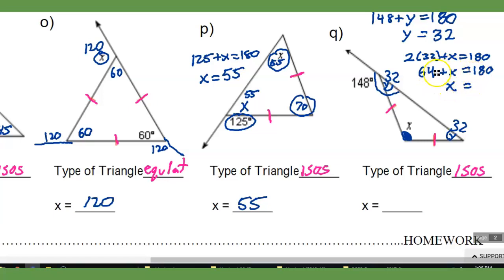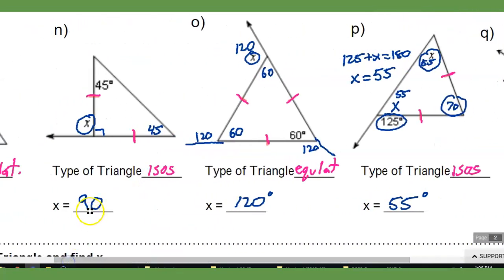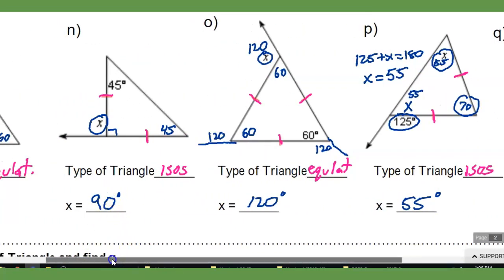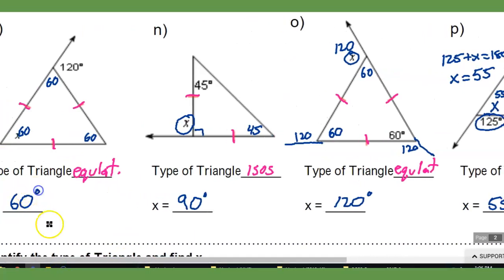So 180 minus 64 would be 120 minus 4 more, 116 degrees. Technically I think all of these are actually degrees. Yep, there we go.